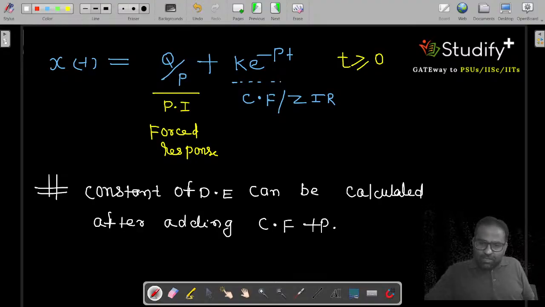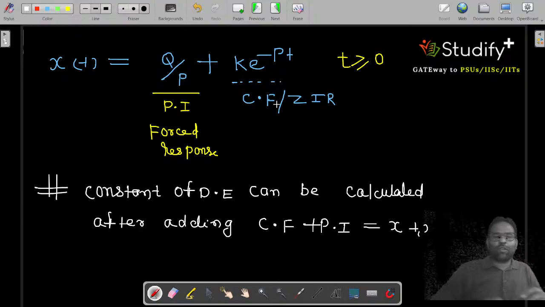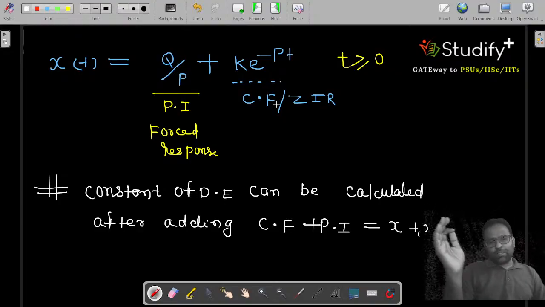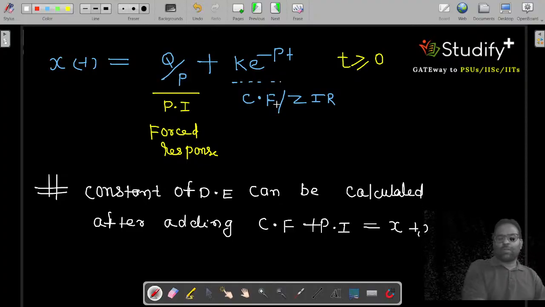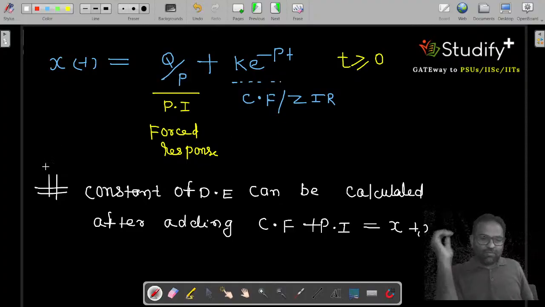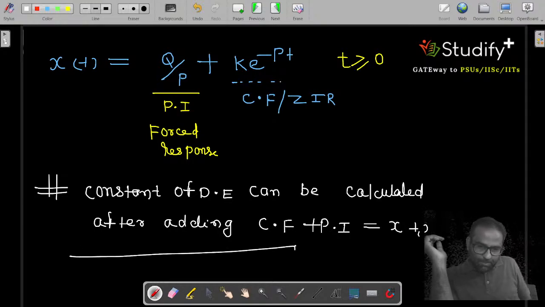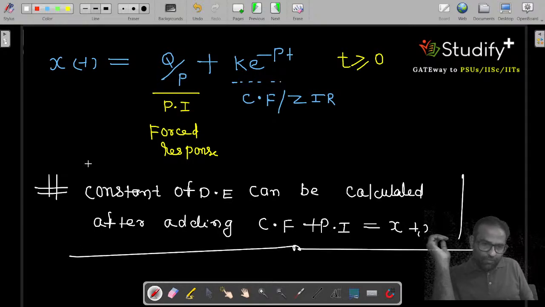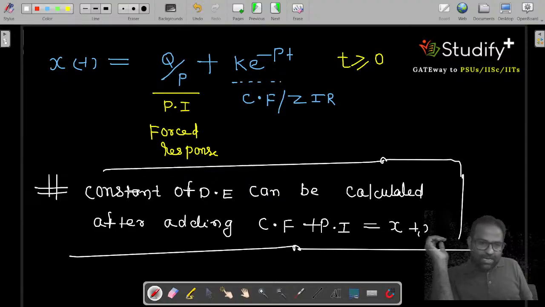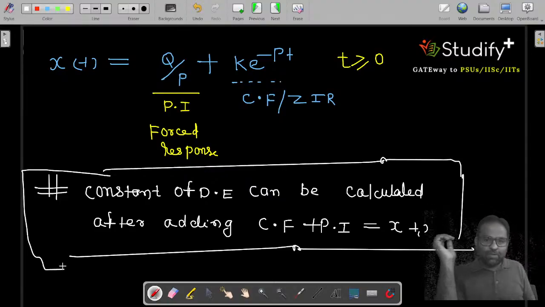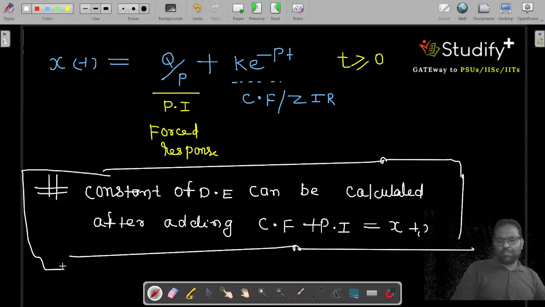You cannot calculate the constant k only for CF. First you have to add CF, then add PI, then you can calculate the constant of the differential equation. This is a very important point. Most people make mistakes in this, so be careful. First add CF and PI and then calculate the constant.